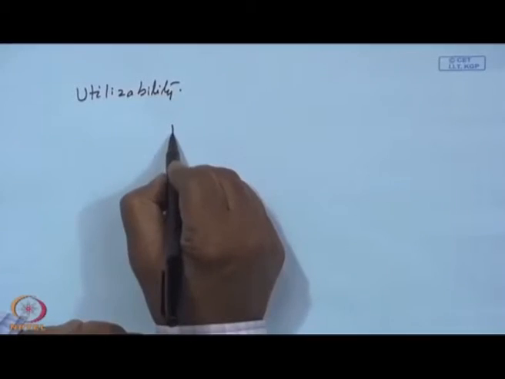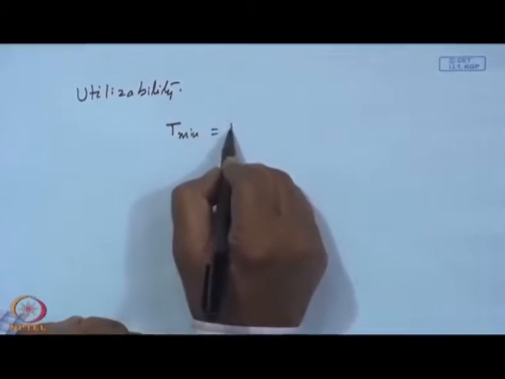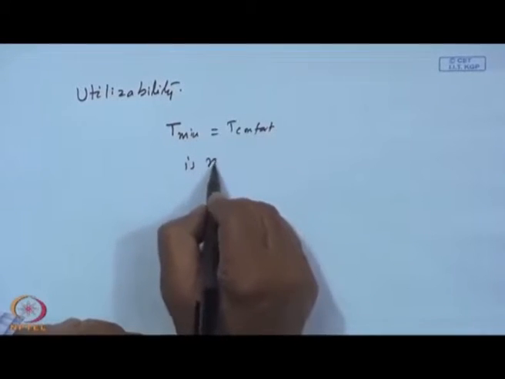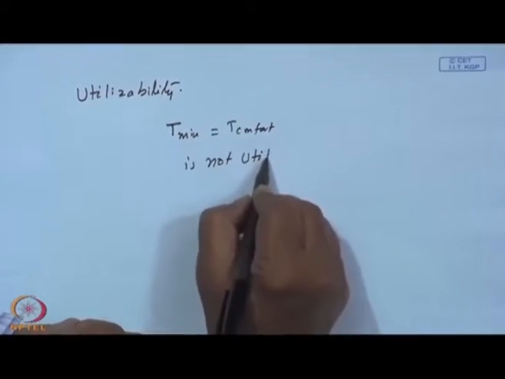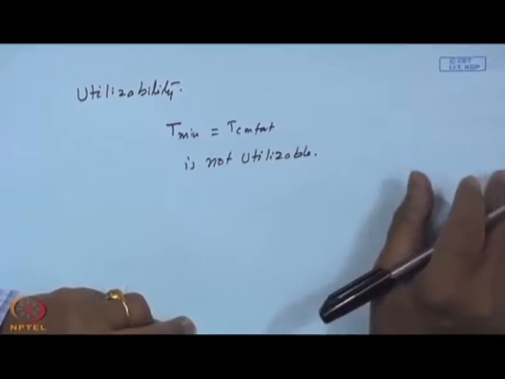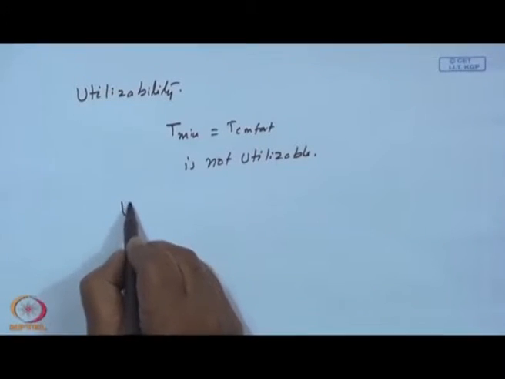But in the case of passive heating, the solar radiation above a certain level, comparable to T minimum equal to T comfort, is not utilizable. In other words, once the room is at T comfort level, any solar radiation above that level shall not be utilized, and hence the concept of unutilizability.